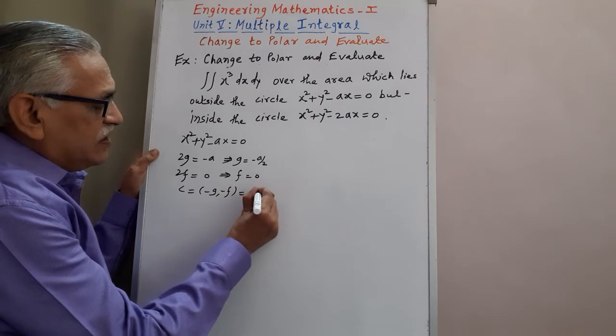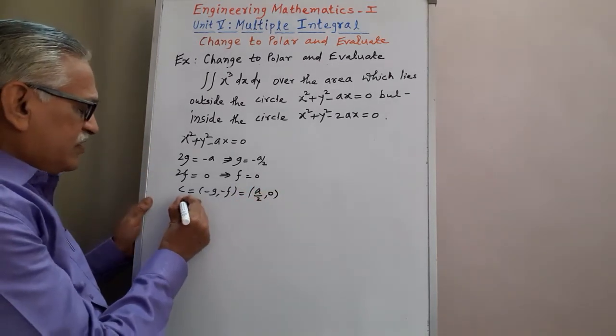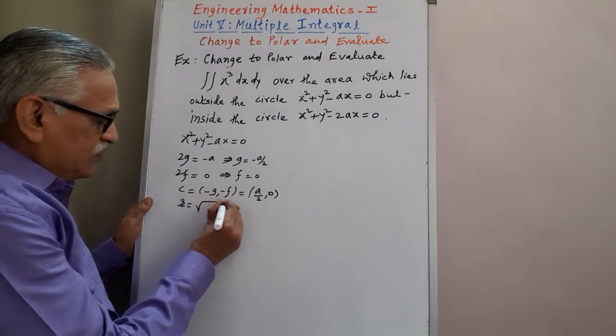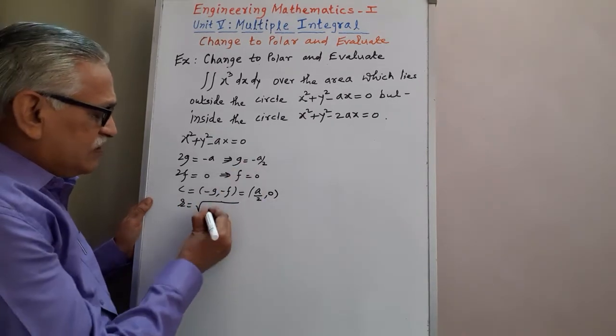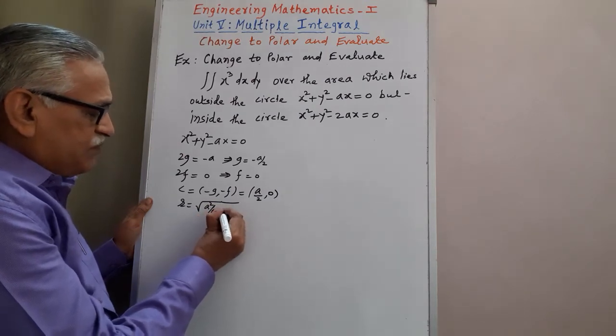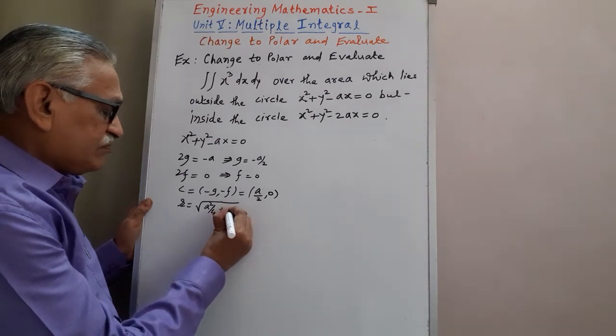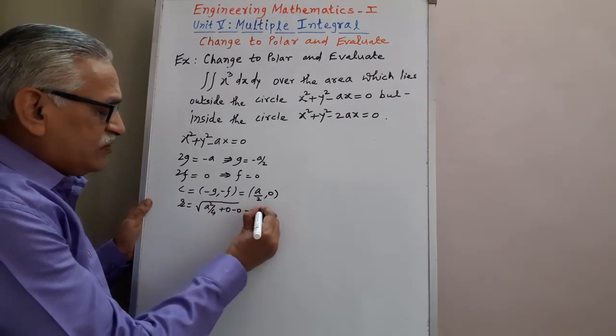Here it is a by 2, 0 is the center, and radius is root of g square plus f square. Therefore root of a square by 4 is a by 2.